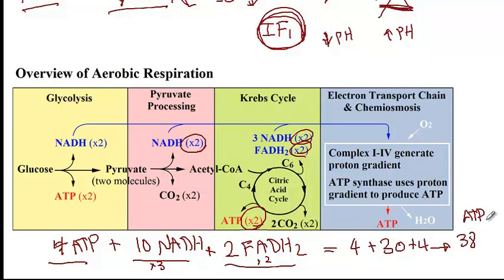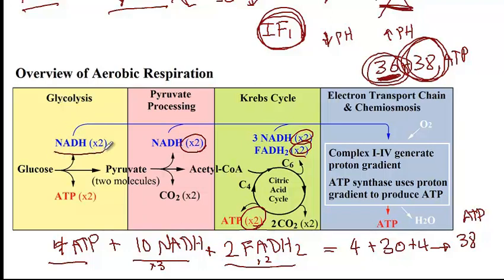And then you might have noticed that some sources say 36 to 38 ATP is produced from one molecule of glucose. Can you tell me where this number 36 is coming from? And so the number 38 is seen in bacteria because they don't have any membrane-bound organelles, versus in eukaryotes, since the 2 NADH that are produced by glycolysis is in the cytoplasm, and now it has to enter the mitochondria in order to undergo the electron transport chain.